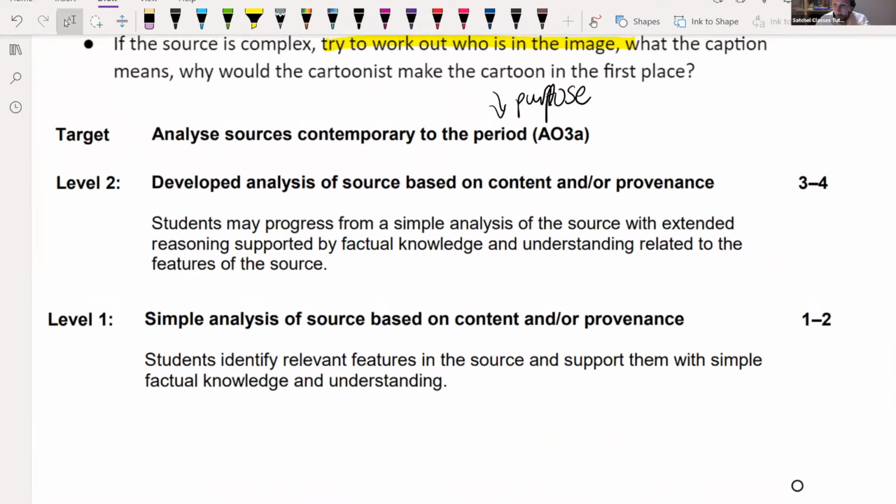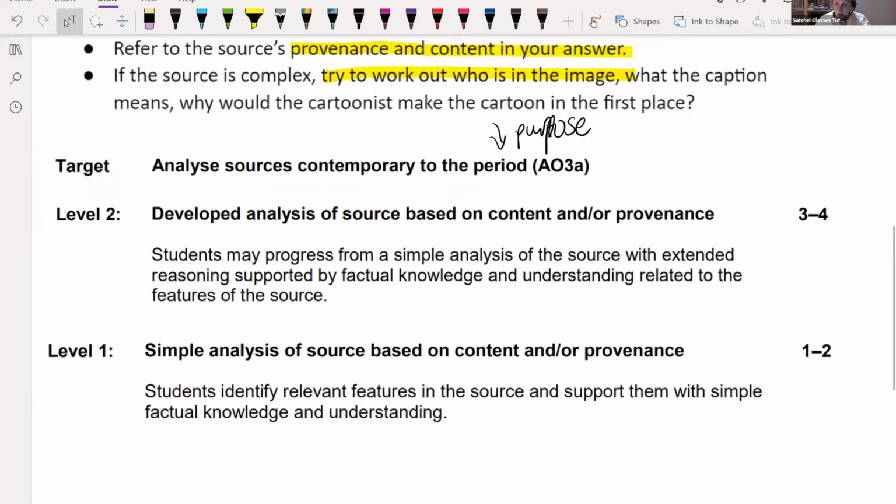Now you can see, based on how small the mark scheme is, that it isn't a massive answer. This is taken from the 2019 mark scheme, but the question in that year was about the Saar coalfield, so it wasn't relevant to this source. So I've just taken what the levels actually say. So level 1, students identify relevant features in the source and support them with simple factual knowledge and understanding.